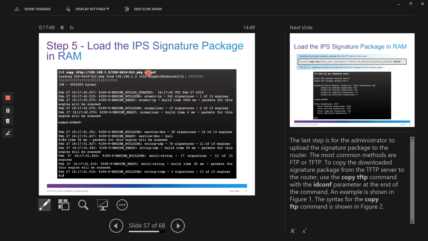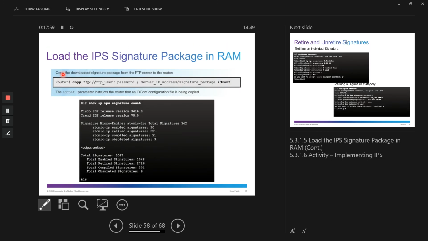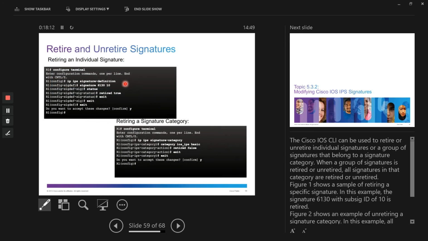This is the parameter over here. An example is shown, and this is one example of how you can load the IPS signature package in RAM memory.